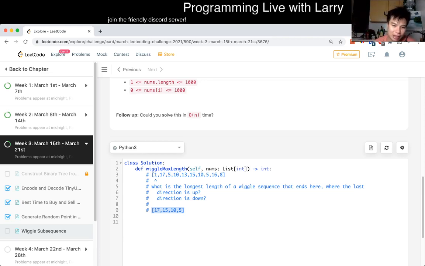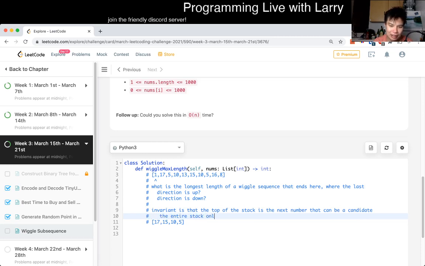The way to think about it is, okay, there's this property that we want that's invariant, right? The invariant here is that the top of the stack is the next number that can be a candidate. And maybe part of that is also that the entire stack only contains possible candidates, right?